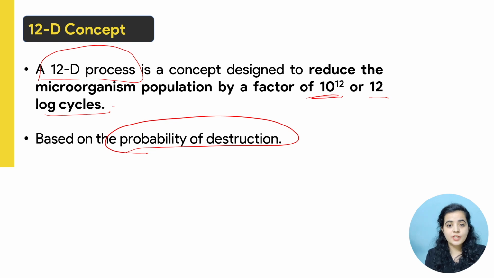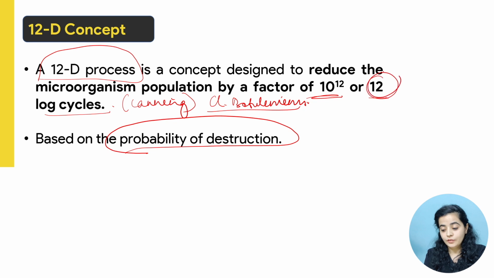This particular concept generally indicates in the process of canning, wherein the most feared microorganism is your Clostridium botulinum. Now it was seen experimentally that a reduction factor of 12 log cycles renders the food safe for consumption from C. botulinum, which is a very heat resistant bacteria in low to medium acidic foods.